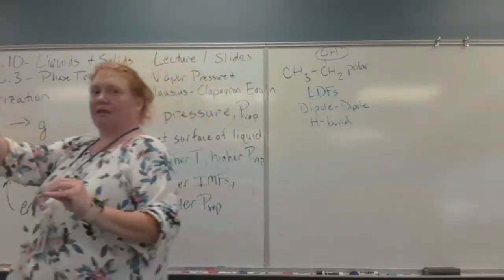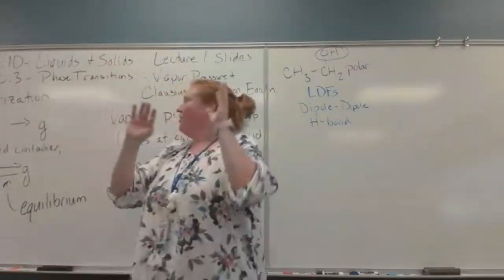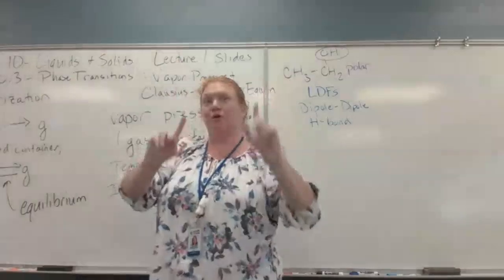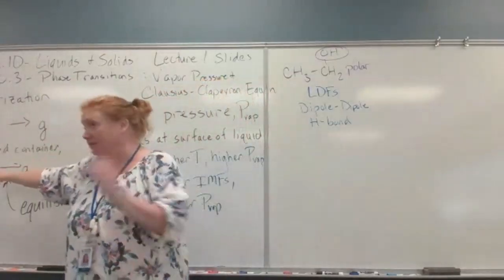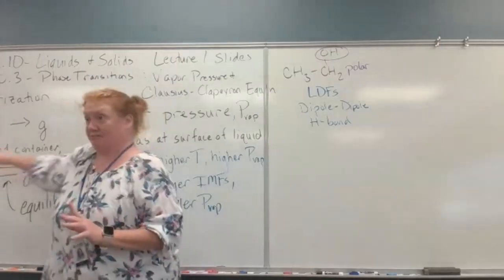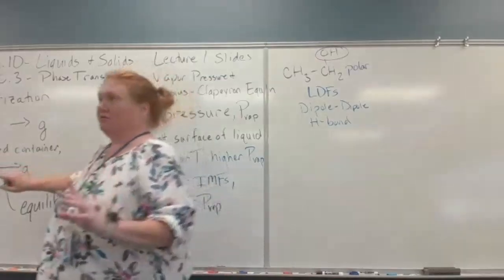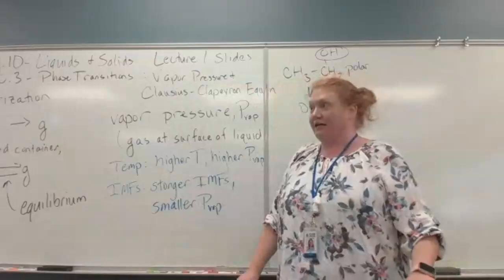Remember, what you're thinking to yourself is which one of these four is most easily going into the gas phase. The easiest to go into the gas phase has the highest vapor pressure, right?